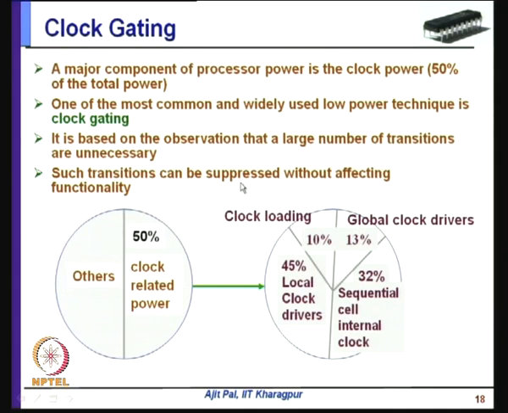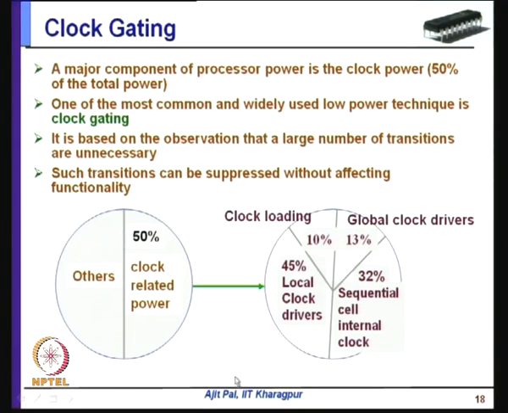So, such transitions can be suppressed without affecting the functionality. Here many transitions are taking place within the circuit because you have applied the clock to it, and those transitions are unnecessary, and when the transitions are occurring, power dissipation is occurring. So, if transitions can be suppressed by clock gating, there will be a reduction in dynamic power dissipation.